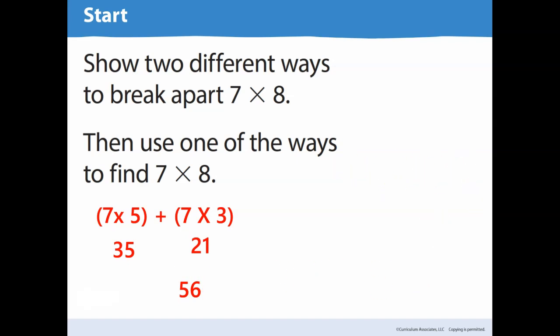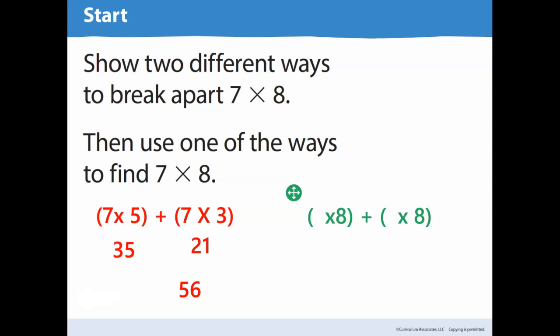Another way to do this, if I broke apart the 7, right, and just kept the 8 the same.